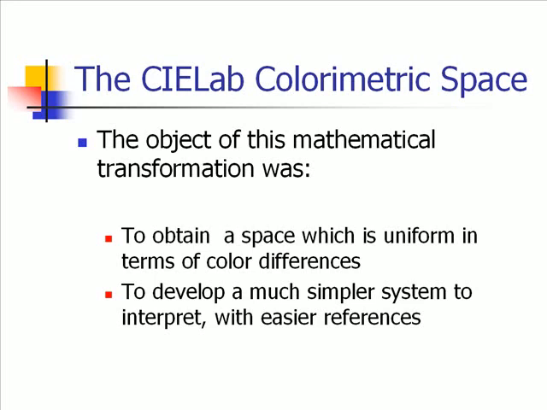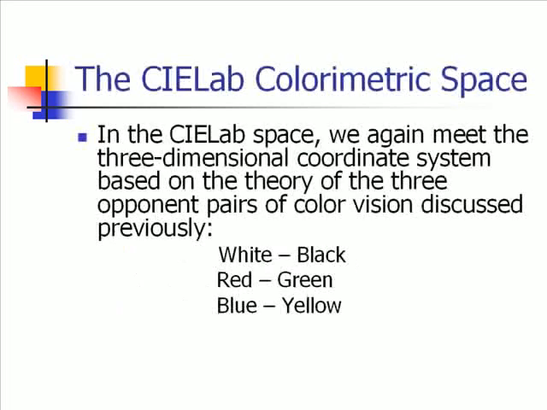You could look at the numbers and get an idea of what we're talking about. So that was the object of this, what's really a mathematical transformation: to make it uniform, easier to use, and more pertinent to what it actually means visually. In the CIELAB space, we again meet the three-dimensional coordinate system based on the theory of three opponent pairs of colors discussed previously.